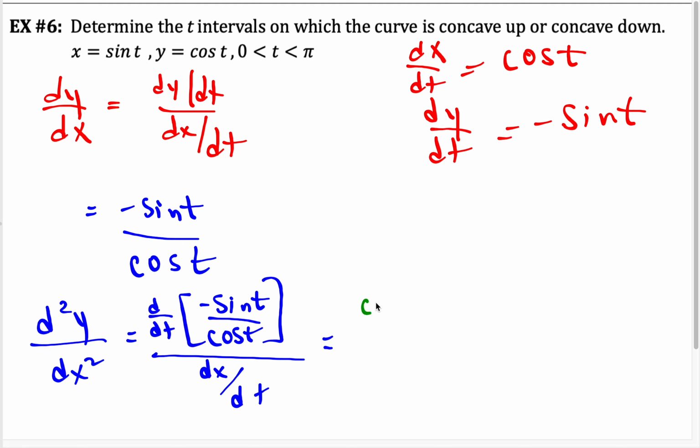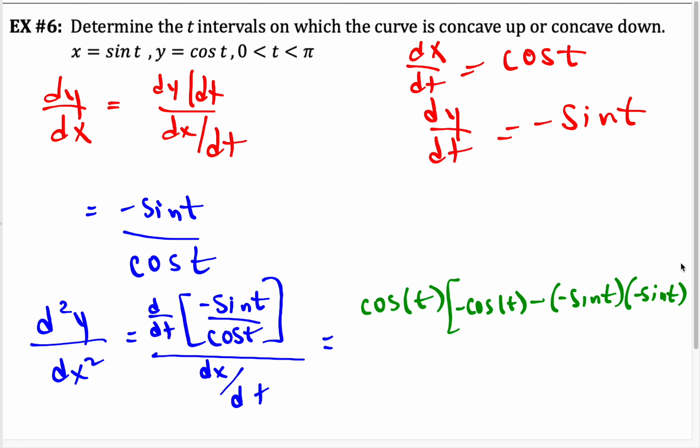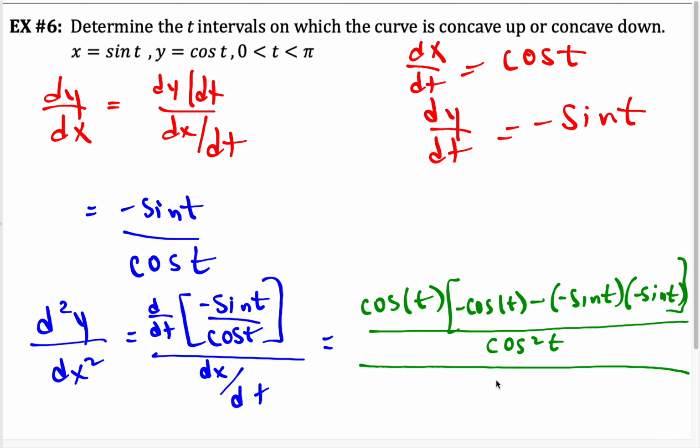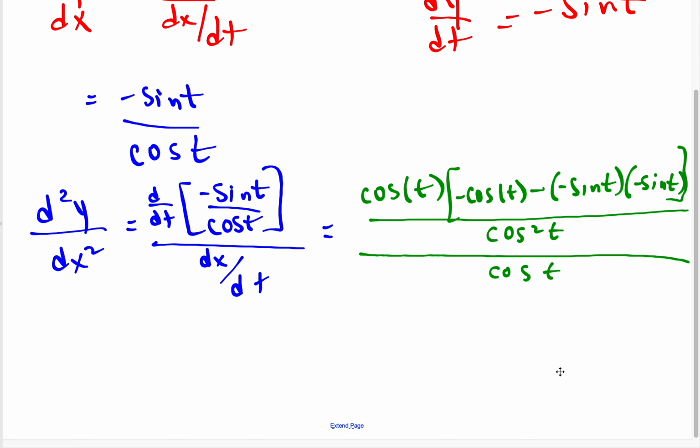We're going to take low d high, which is going to be negative cosine of t, minus high d low, all over low squared, and all over dx/dt, which is cosine of t. Let's do some simplifying now. We're going to have negative cosine squared t, and it's a positive, so that'll be minus sine squared t.